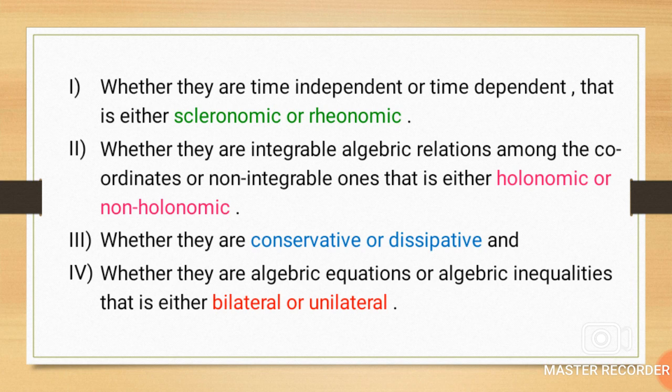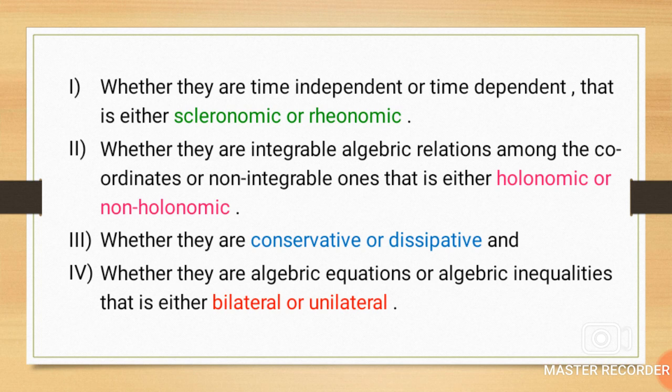If we are not able to express this constraint in the form of integrable algebraic equations, that is, it is non-integrable, then this constraint is known as the non-holonomic constraint.